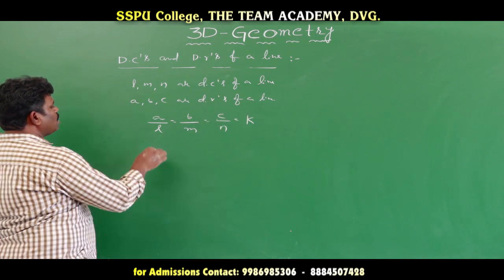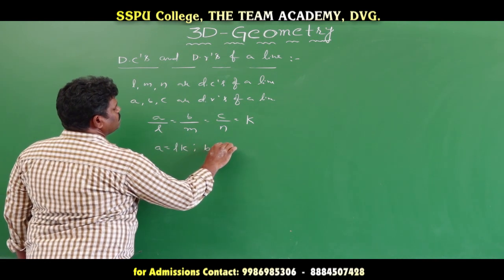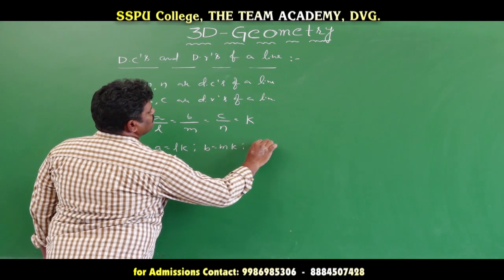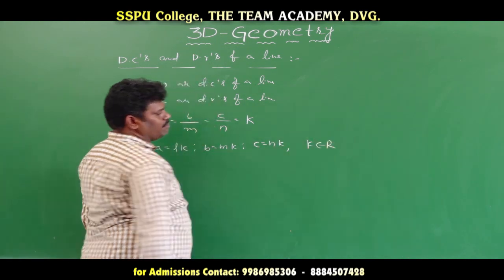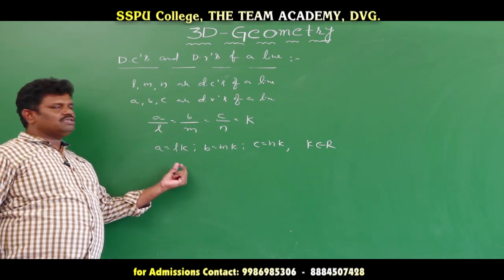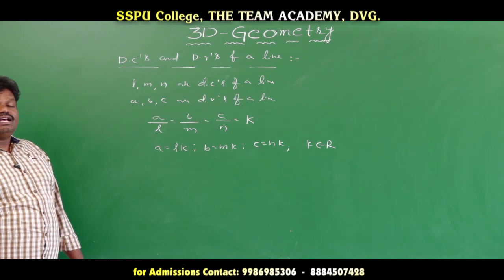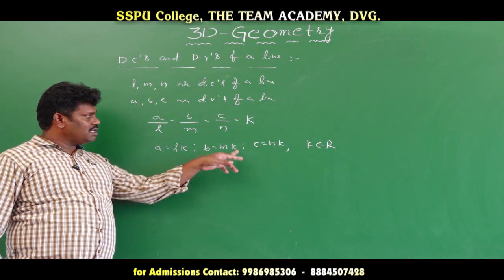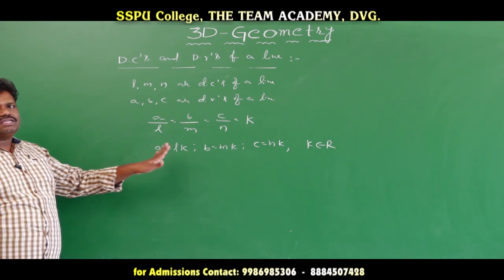Then A is equal to LK, B is equal to MK, C is equal to NK, where K belongs to any real number. If you multiply the direction cosines of a line with any real number, you get different direction ratios.